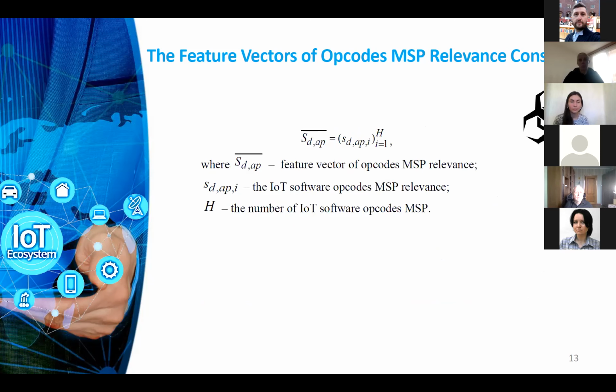From the WTF value obtained for each maximal sequential pattern, the feature vector of relevance for each IoT software is built. In the process, vectors whose length is greater than the median length of all obtained vectors are truncated.